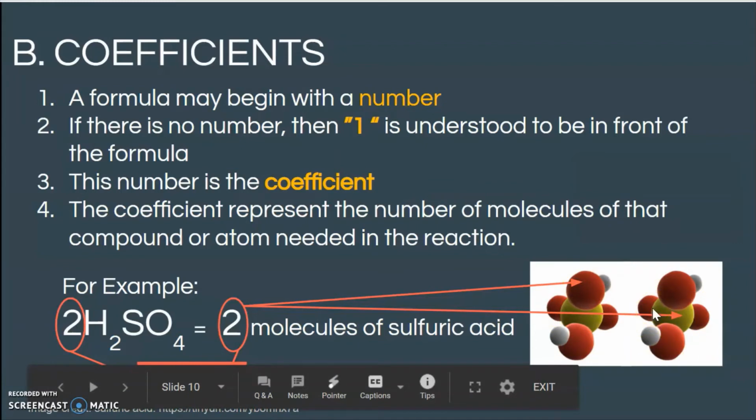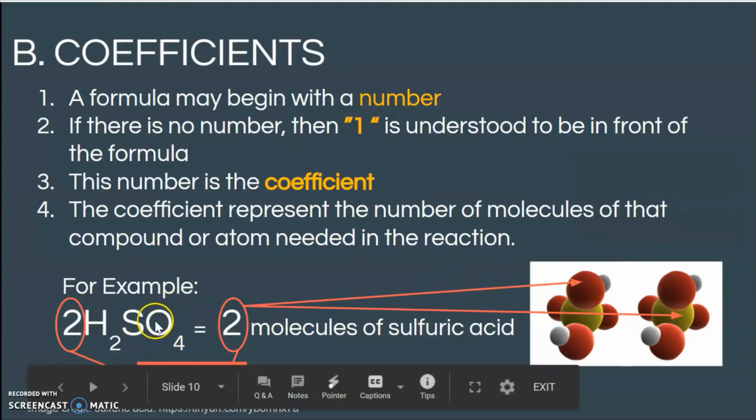If you had 2 whole molecules of sulfuric acid here, 1, 2, and each of them has this particular formula, 2 hydrogens, 1 sulfur, and 4 oxygens, then you could figure out how many oxygens total are there. They're the red ones, remember? We have 4 here and 4 here. So how many total are there? That's right, there are 8.